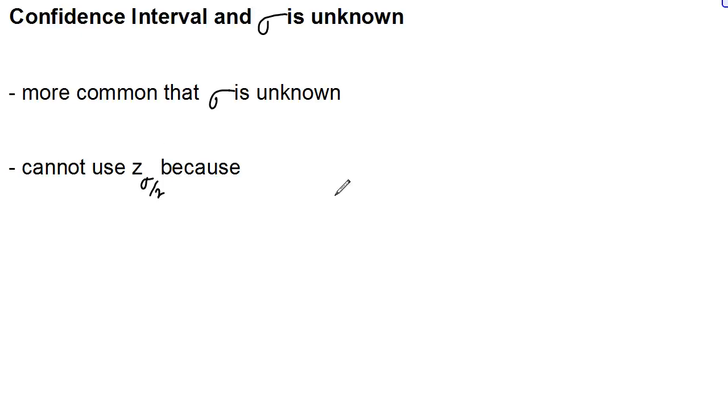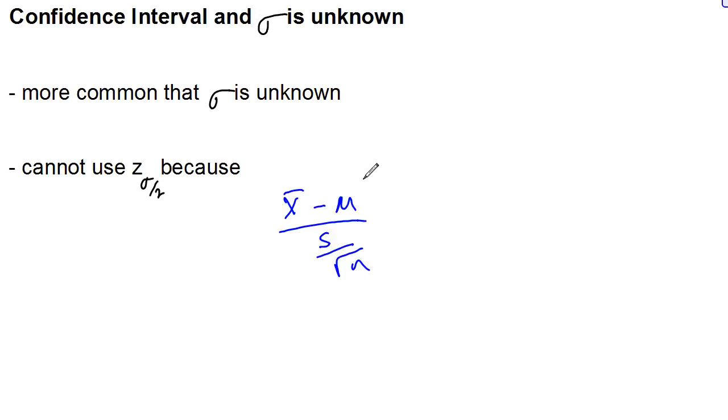The reason for that is because when we're calculating x bar minus the mean divided by s over the square root of n, this does not have a normal distribution.